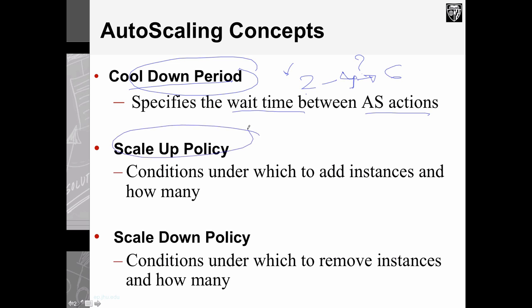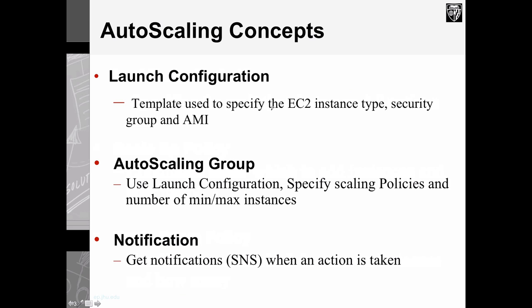The scale up policy, like the name suggests, specifies under what conditions we are going to add instances and how many of them we are adding. The scale down policy, on the other hand, specifies under which conditions we are removing those instances and how many at a time we are removing. Next, we want to talk about launch configuration.